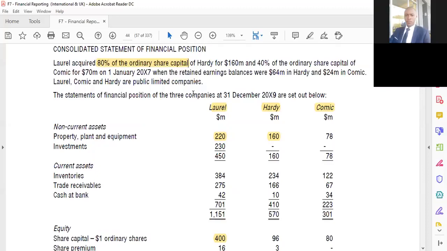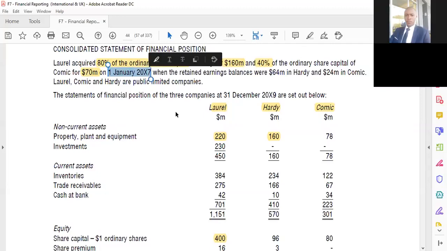What we are saying is that I acquired 80% of this company at how much? At 160. And at the same date also acquired 40% of the ordinary shares of Comic at 70. The date is very, very important: 1st of January 2027.